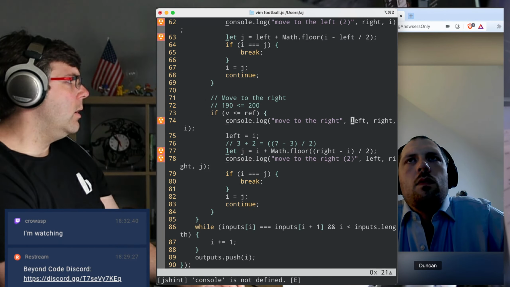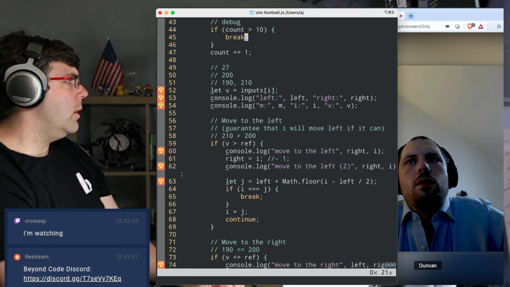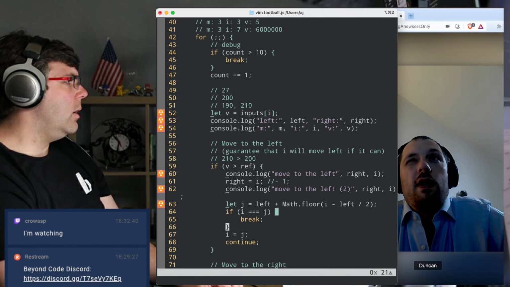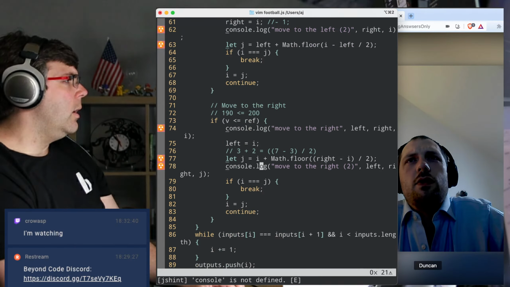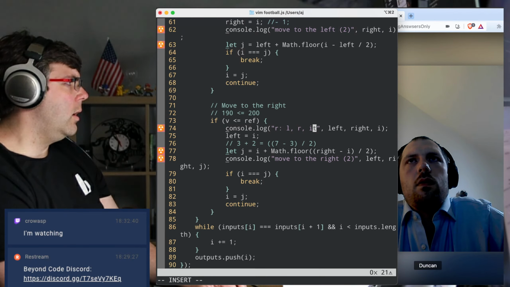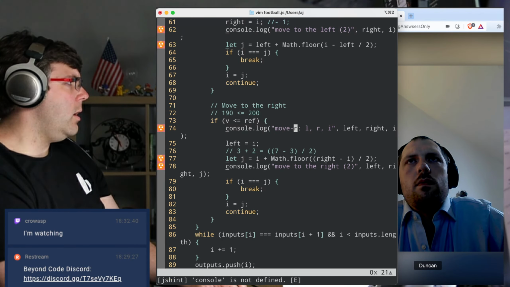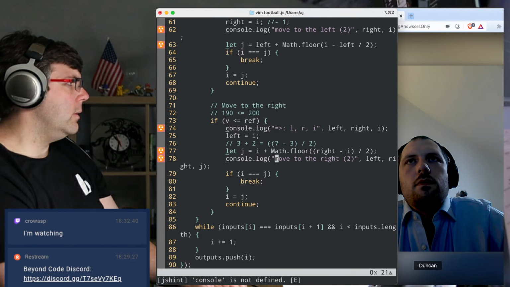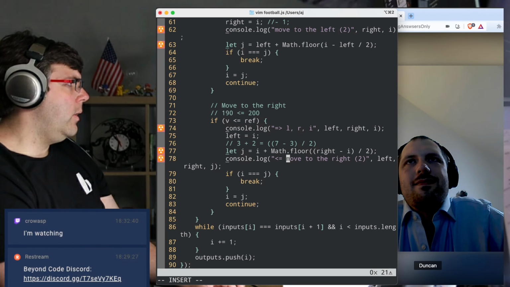Left. Can you update your console logs down there so they say right, left, I, and J, rather than just saying move to the right too? Yes. Move R. Or can we just do boop like this and like this? And then let's do all caps.